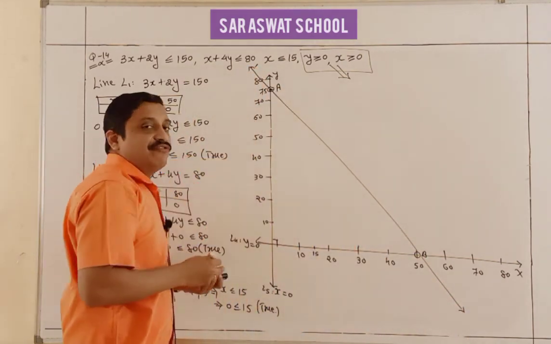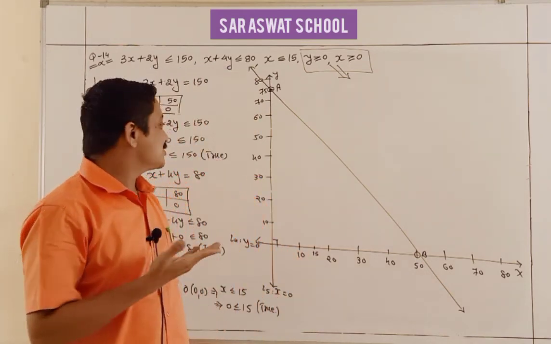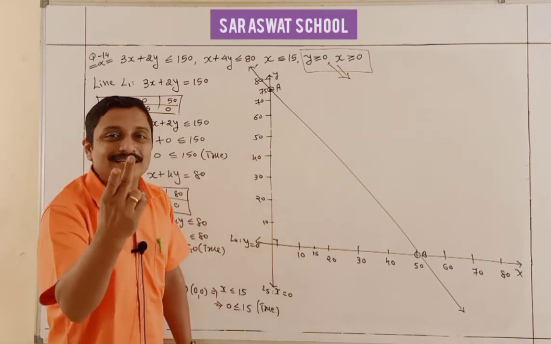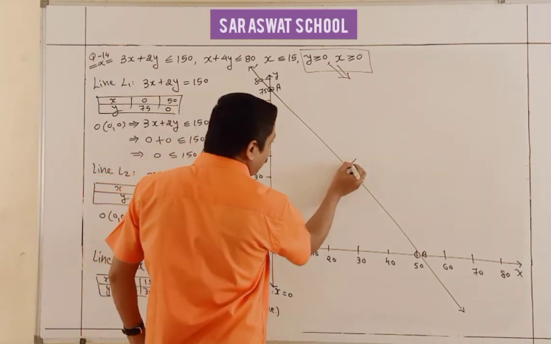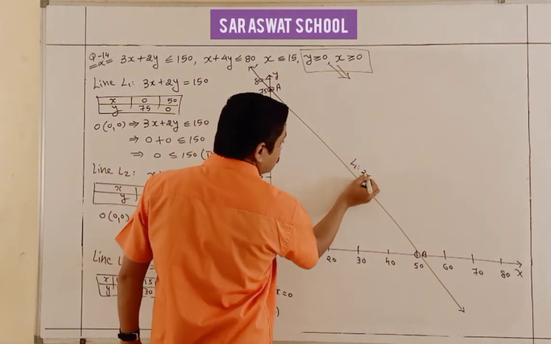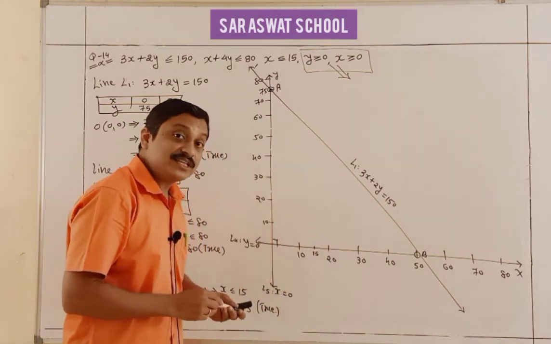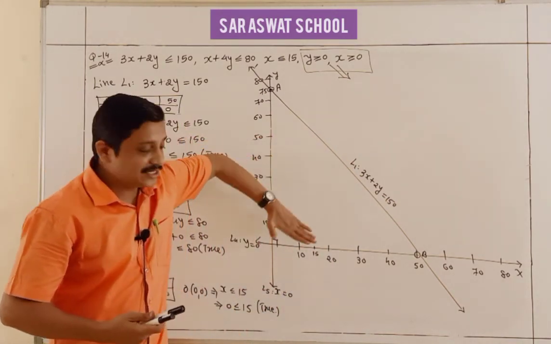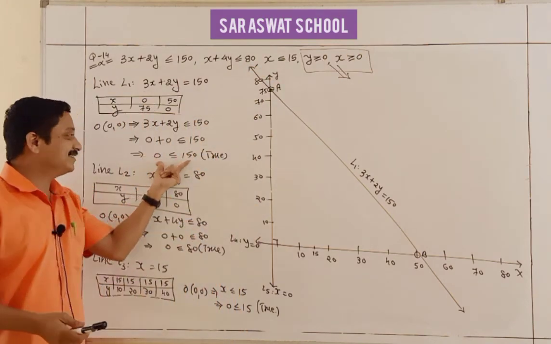Students, every line requires at least 2 points. That's why I plot on the table only 2 points and easily get the line. And the line here is L1, which is 3x plus 2y equal to 150. But now wait, which side is shaded? These are origin sides, these are opposite to origin sides. Already I checked here. It is true.